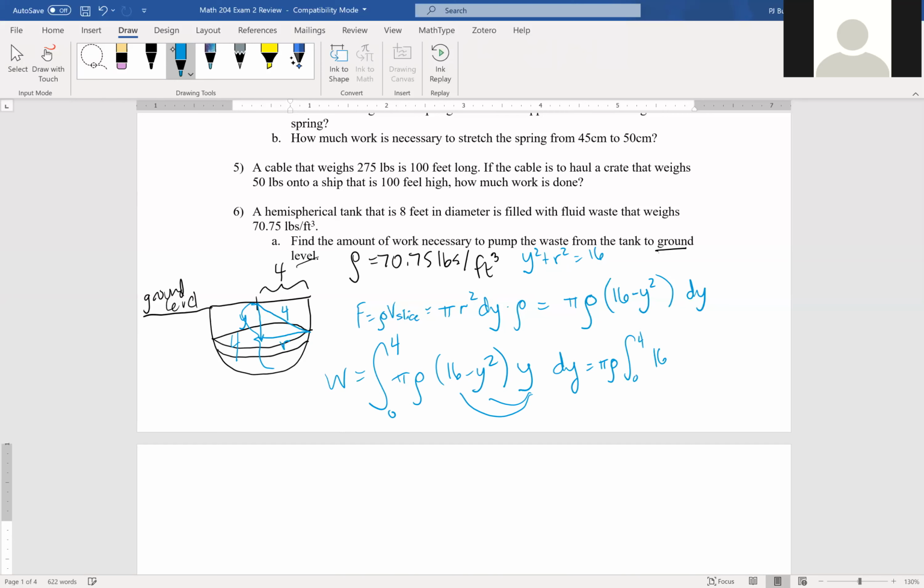For me, I don't need to see you just integrate it, but if someone else does, then you can fully do the problem. But I was confused with the wording of the problem. Like when it said from the tank to ground, I know it was below ground, but I was assuming that it was ground level, but I wasn't 100% sure. That's where I was confused. Yeah, if it doesn't specifically tell you a distance, then just assume that it's at ground level.